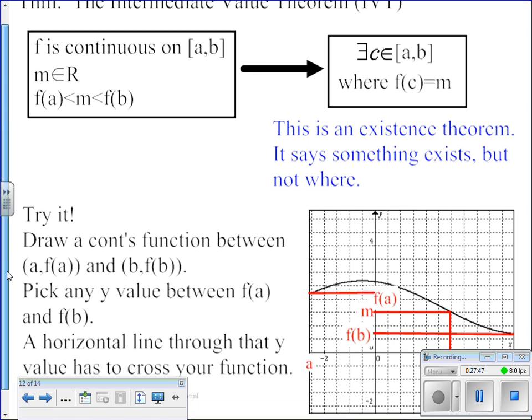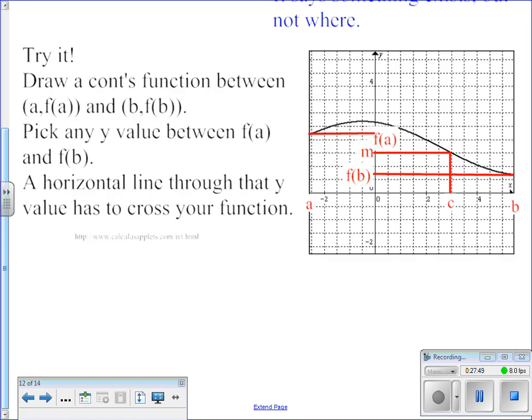So if we look at the graph, here's what it's saying. I have a function that goes from here to here and exists everywhere in between. And I have the point A, f of A, and the point B, f of B. Okay, those are my xy coordinates.